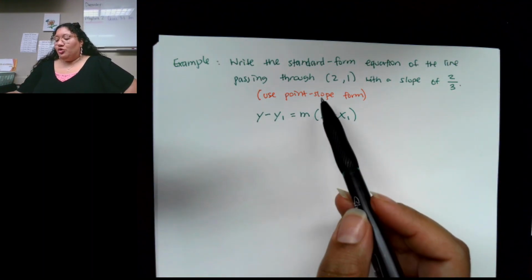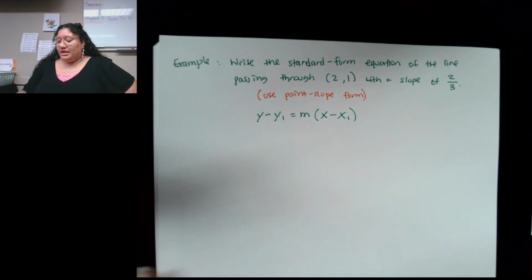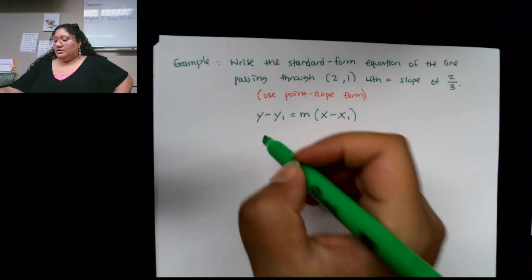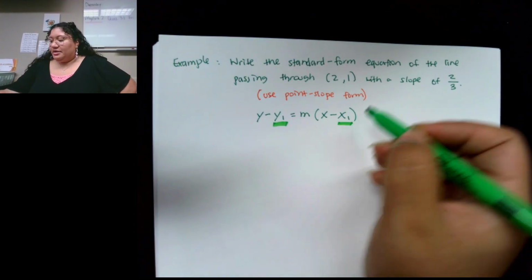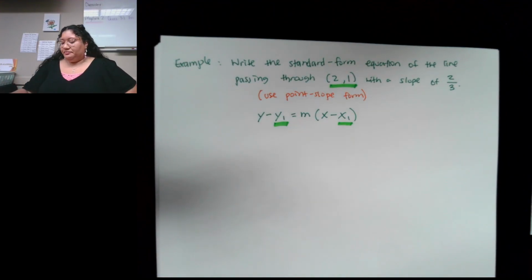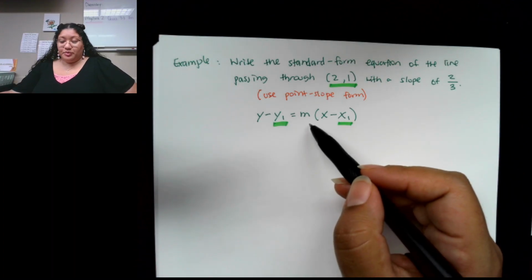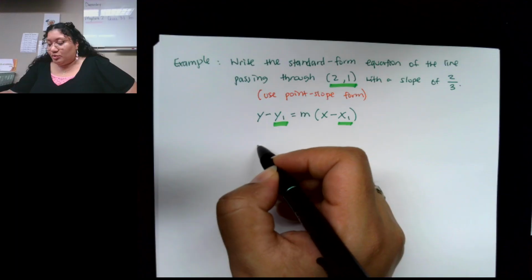I'm going to plug in where I see y1 and x1. This is where I am plugging in my ordered pair. Obviously, my slope goes in the slope portion. This will stay as y.